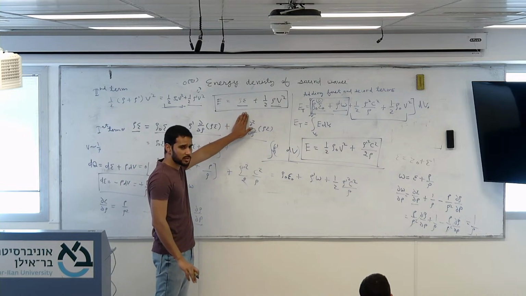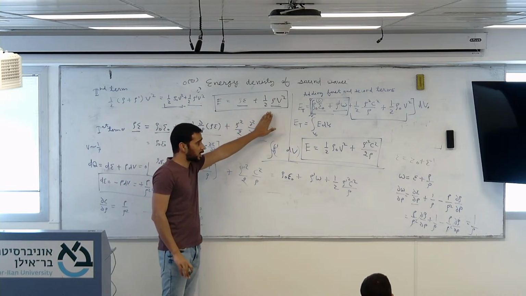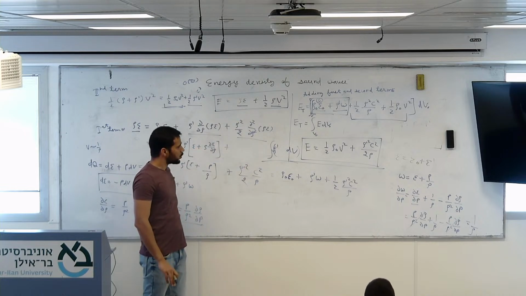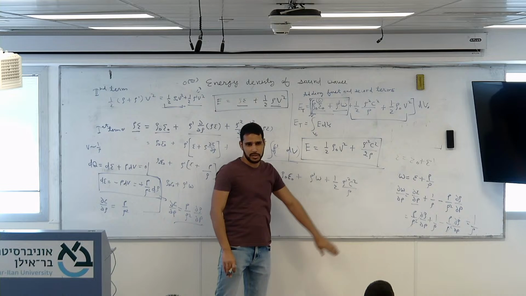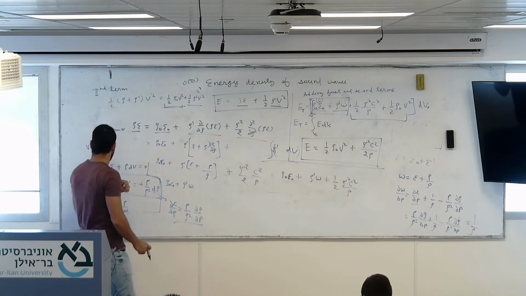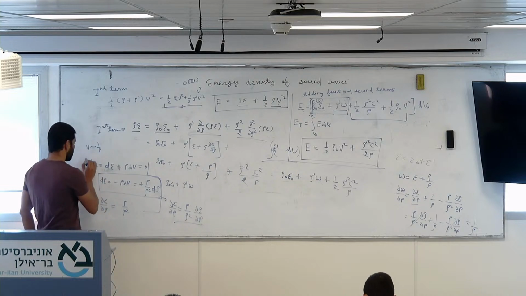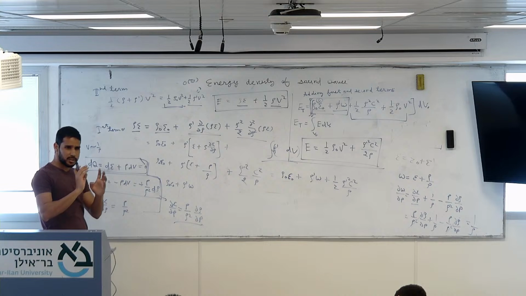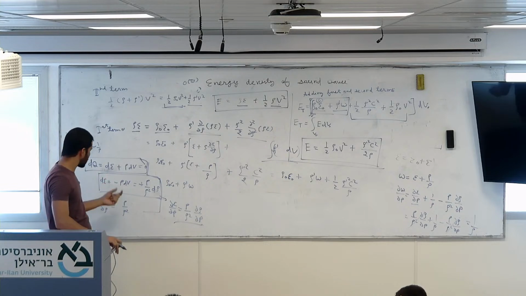It has two terms. One is kinetic energy, the second one is internal energy. So this is the internal energy of the perturbation. Another way of looking at it is from the first law of thermodynamics. It is always there. When you give energy to a system, it does two things: increases internal energy and does work.